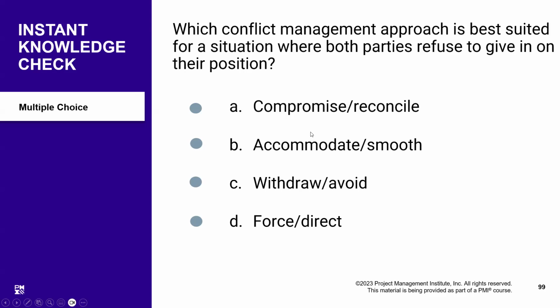They are not agreeing on anything. Force or direct? Anyways, yes, you are right. If we are talking about the best suited situation, that would be compromise and reconcile. But right now, in the status they are not collaborating, right? So if they collaborate, they will be able to compromise. That is the best solution.